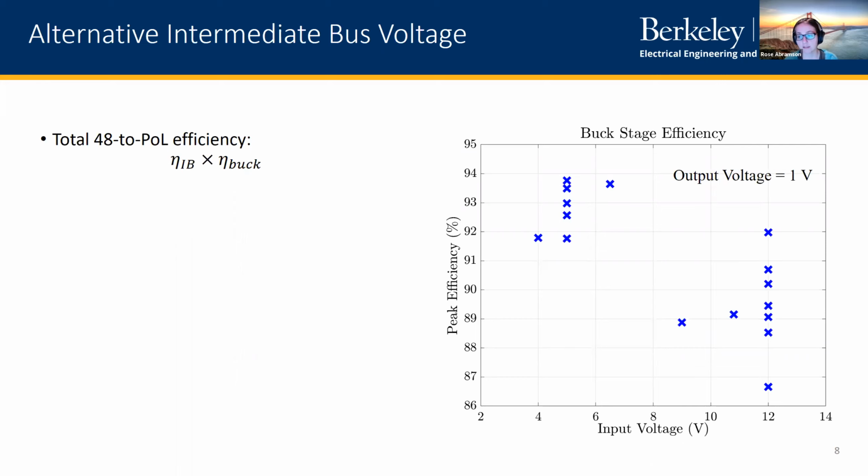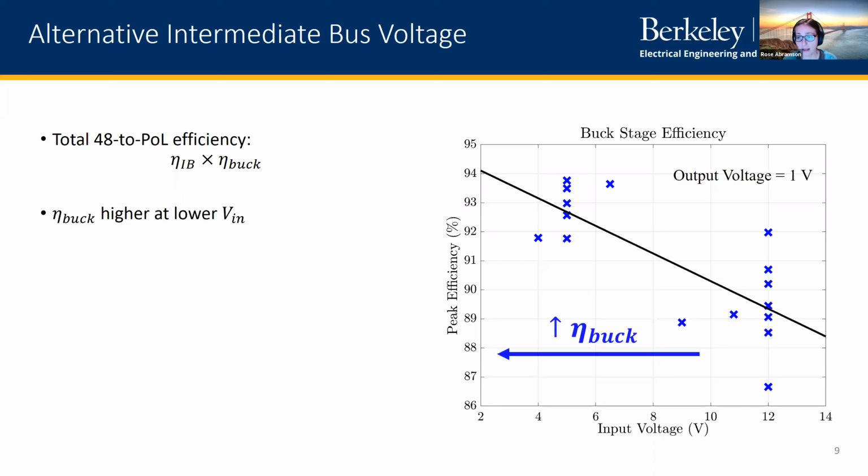And so if we do a survey of various off-the-shelf buck converters that can convert from anywhere from around 4 to 12 volts and output 1 volt, just for comparison's sake, we can see that the efficiency increases quite a lot as we decrease the input voltage of the buck stage.